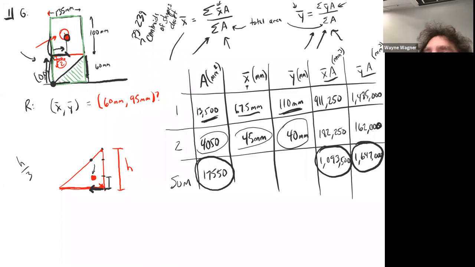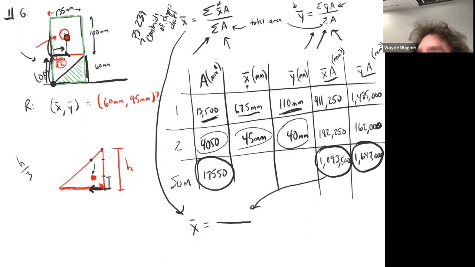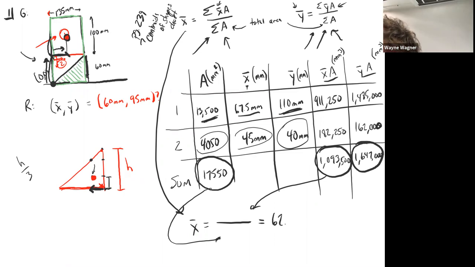So I'm going to do x bar by taking this on top and this on the bottom. Plugging that into the calculator, divided by 17,550, equals 62.308 millimeters.